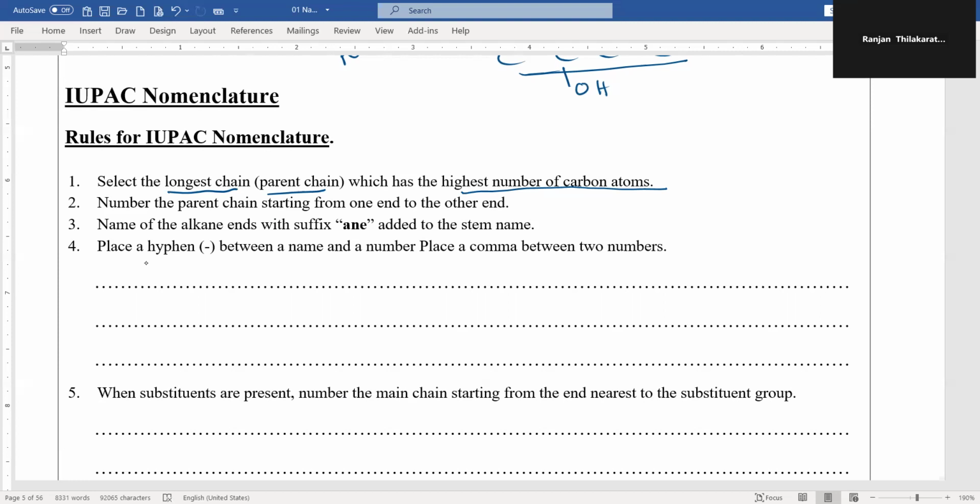Next, the name of an alkane ends with the suffix "ane" added to the stem name. Stem name is the name of the parent chain, obtained according to the number of carbon atoms. If it is 1, methane. If it is 5, pent, ane, pentane.